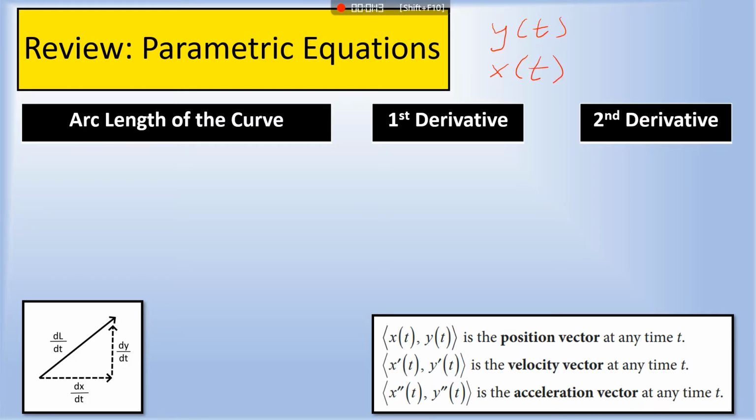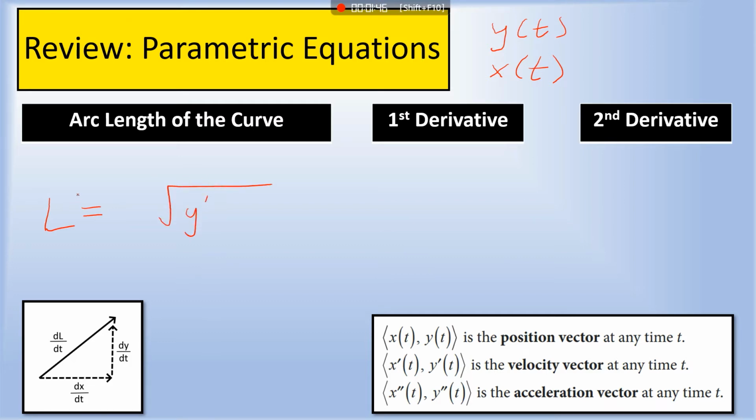Okay, so I've got two functions, y of t and x of t. Then my change in length over time, I could relate here using Pythagorean's theorem, and then I would need to integrate that. So what would my arc length end up being? Y prime squared plus x prime squared and then square root, I think.